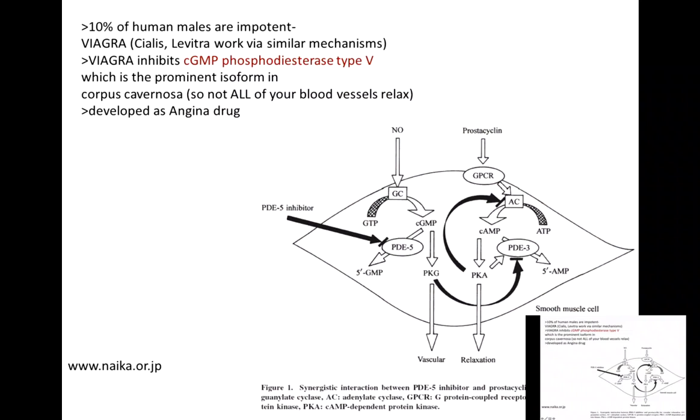About 10% of human males are impotent, and there's a drug called Viagra. There are competitors called Cialis and Levitra, which work by similar mechanisms. And the way that Viagra works is it inhibits cyclic GMP phosphodiesterase type 5. So the enzyme that destroys the cyclic GMP second messenger is inhibited by Viagra.